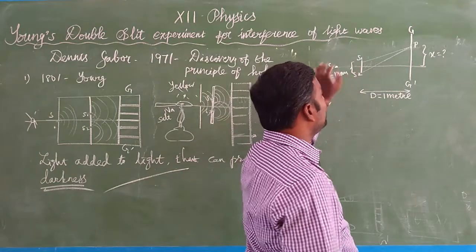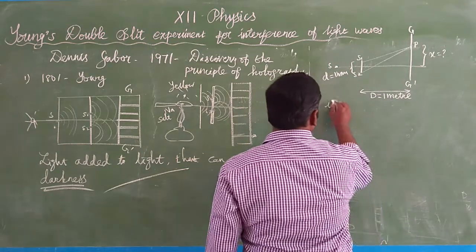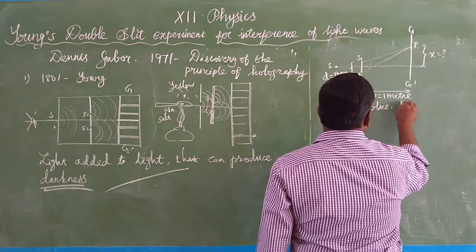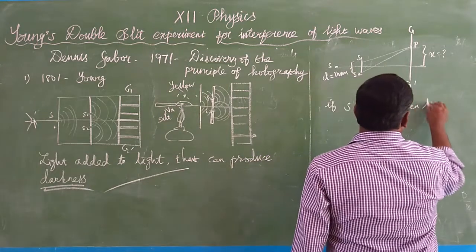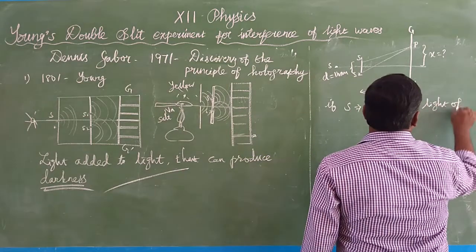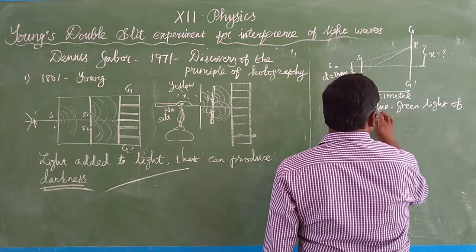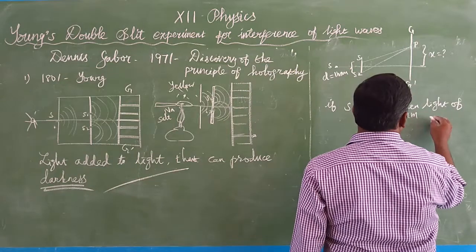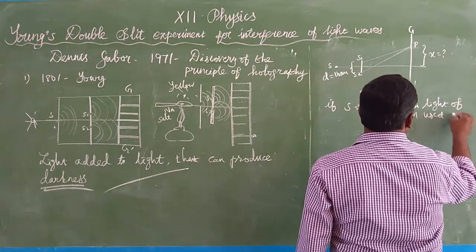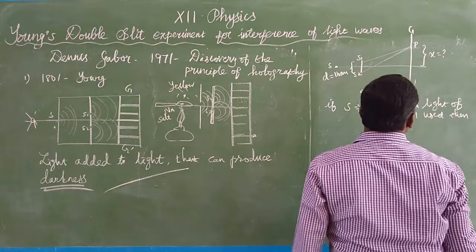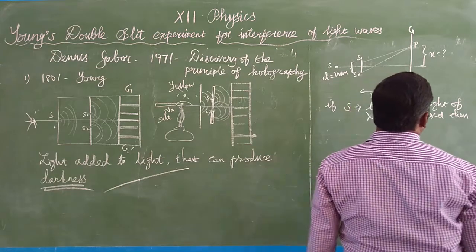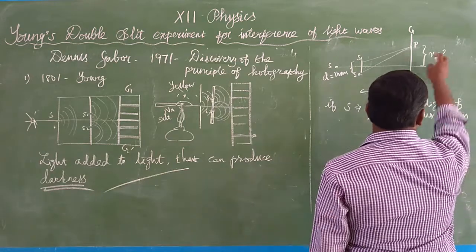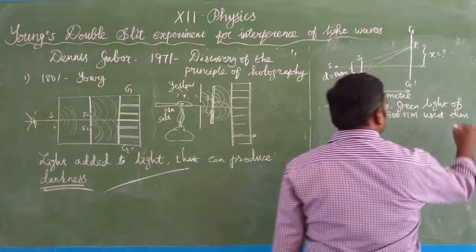The condition is, if the source is blue green light of wavelength 500 nanometer, then what is the x?